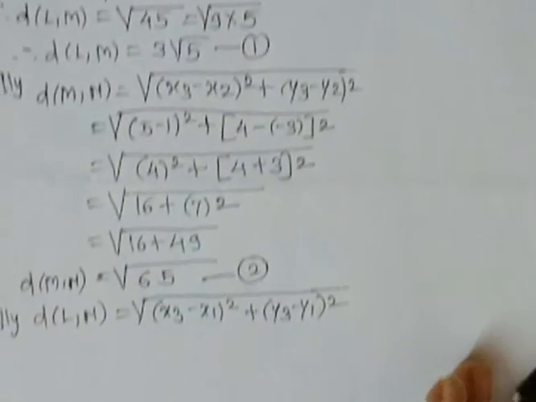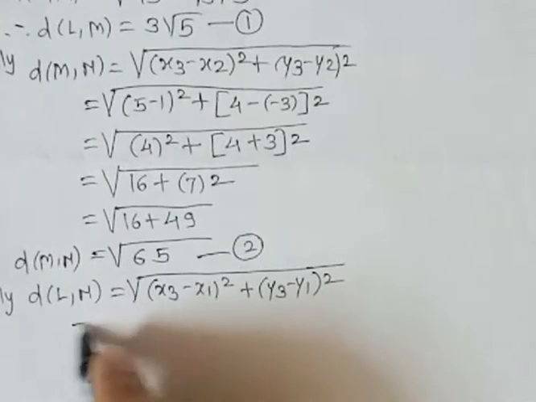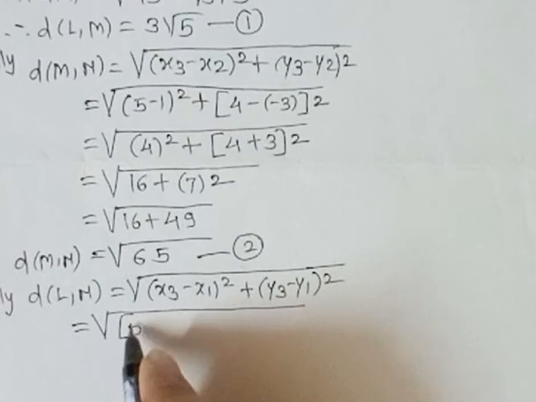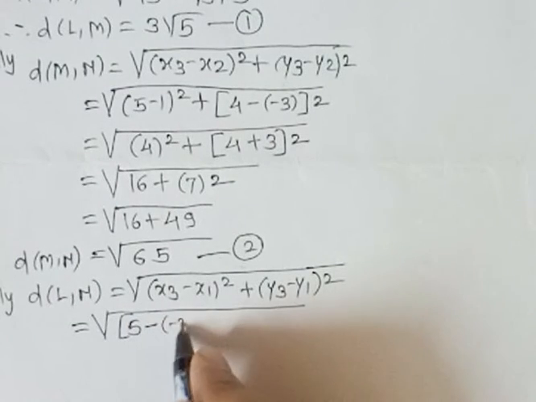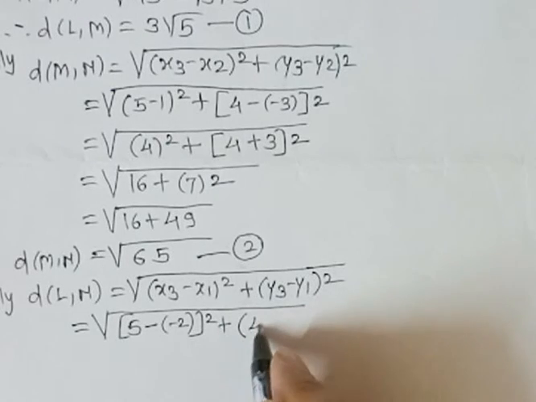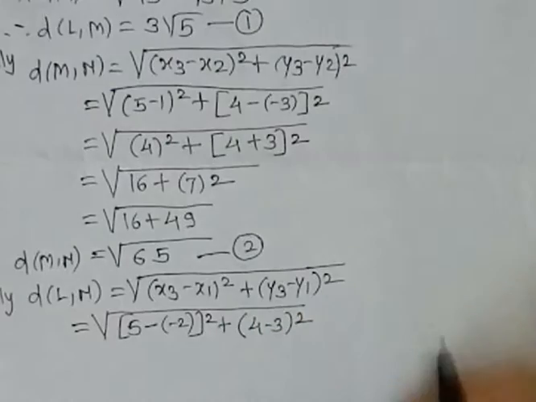Okay, I write here: 5 minus minus 2 to the whole square plus y3 is 4 minus 3 to the whole square.